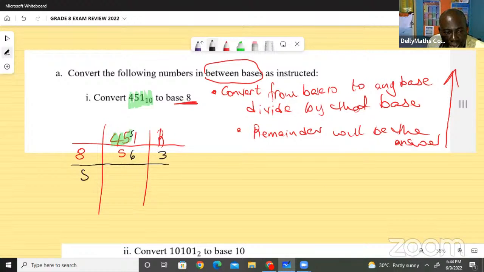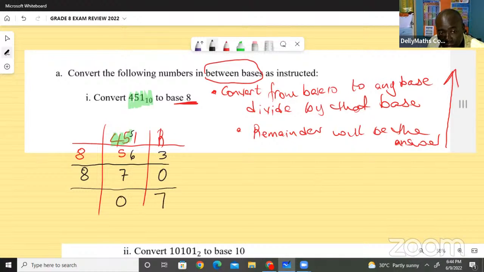Then you're going to say 8 again into the 56. 8 into that 56 is 7 times and no remainder. Draw your line. Then you're going to say 8 into 7, you can't.